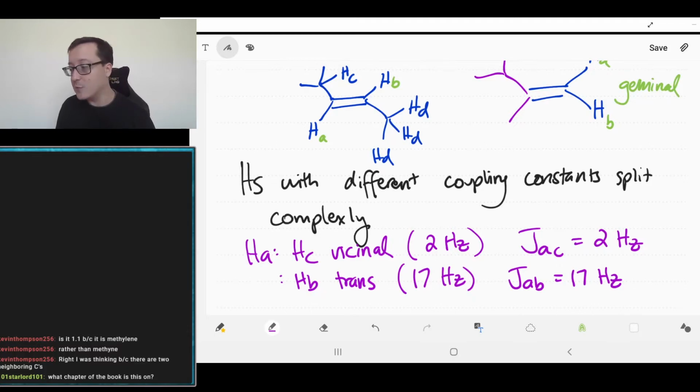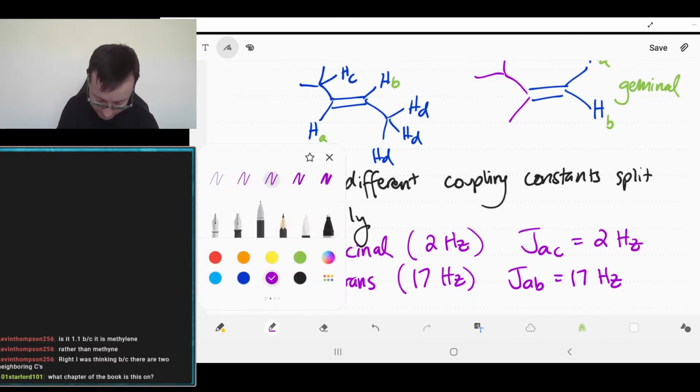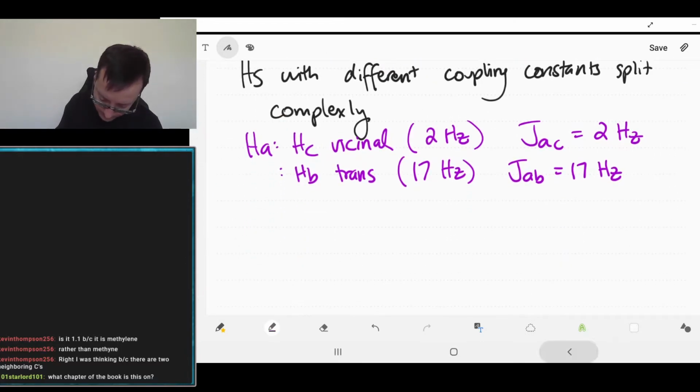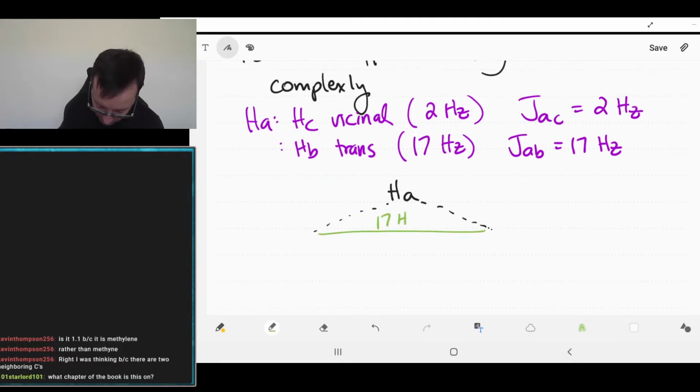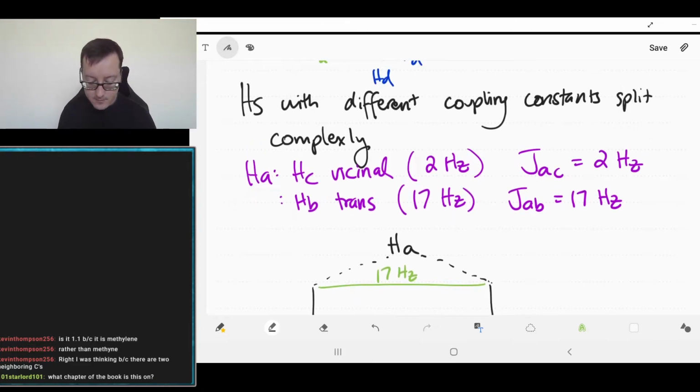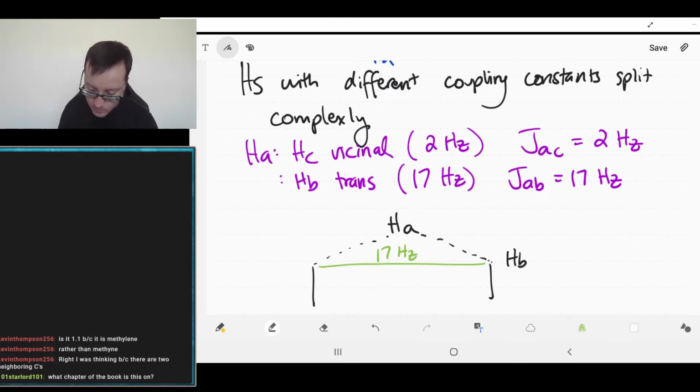How we're going to split these is we do the higher one first. Here is HA we're looking for. We're going to split this quite a large amount because we're doing the 17 hertz, the big one. That's going to split our peak into a doublet. HB will split our HA peaks quite a ways apart because it's a large coupling constant.